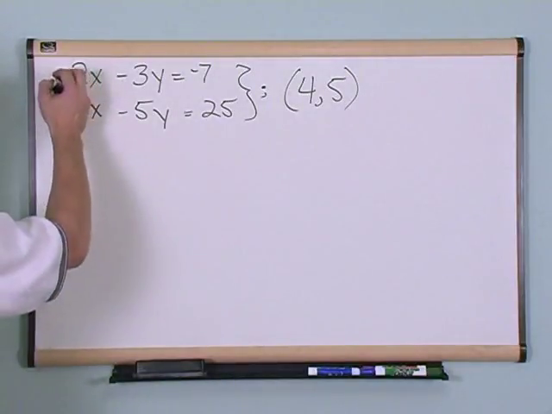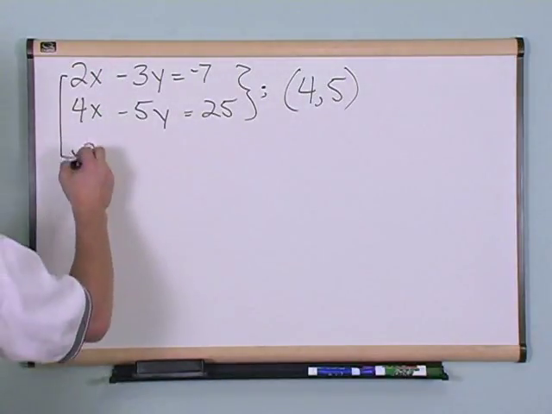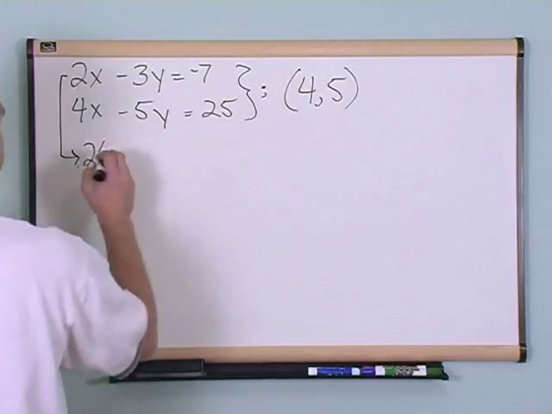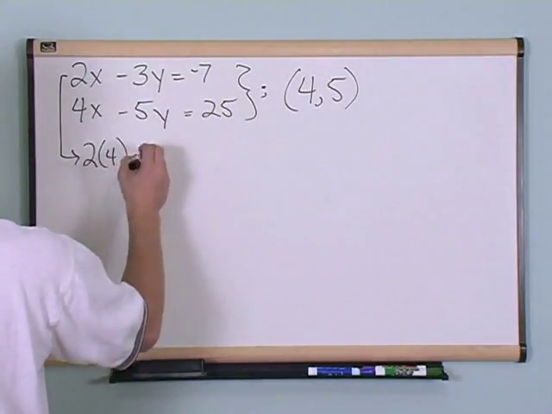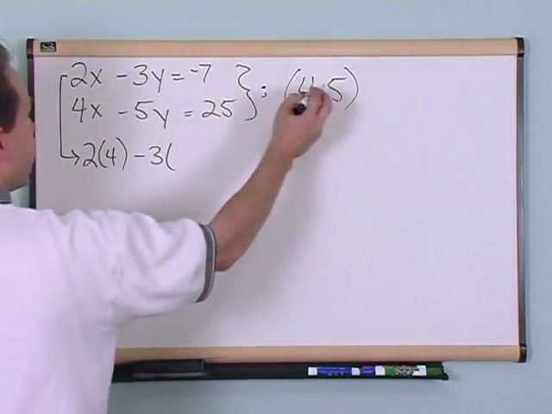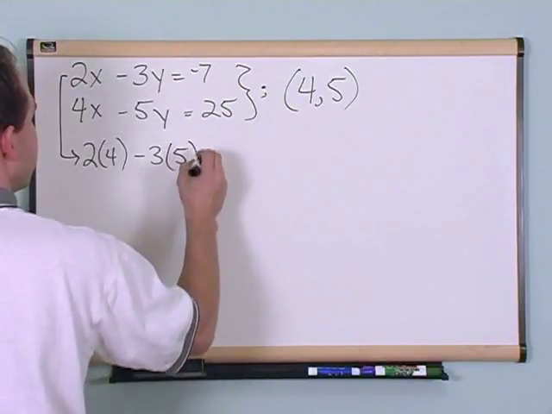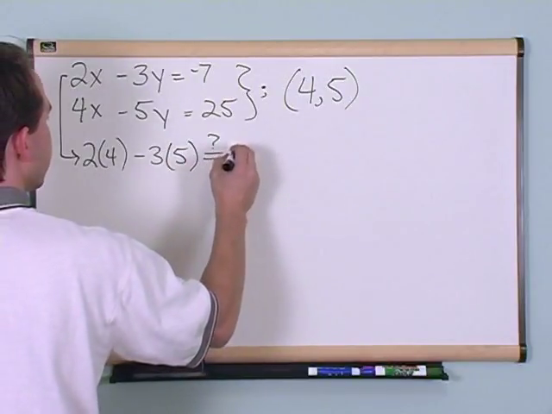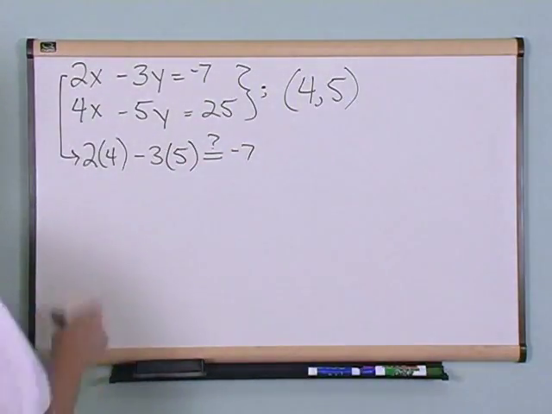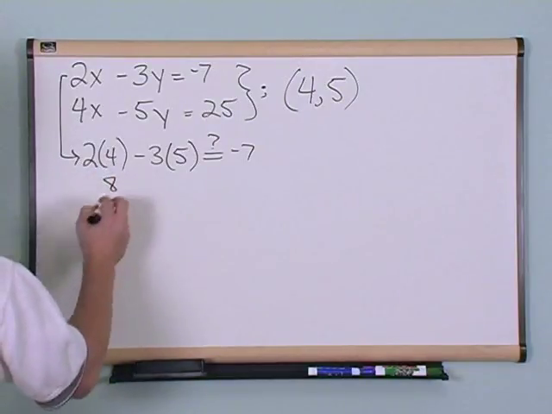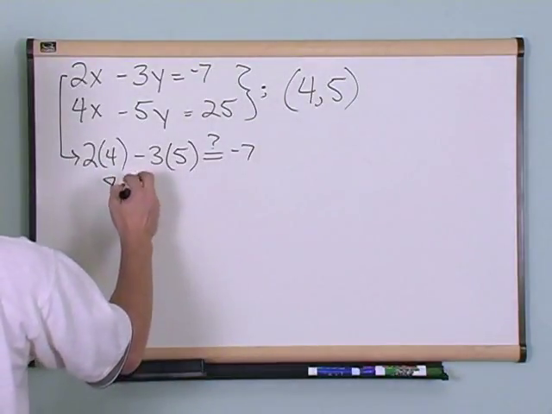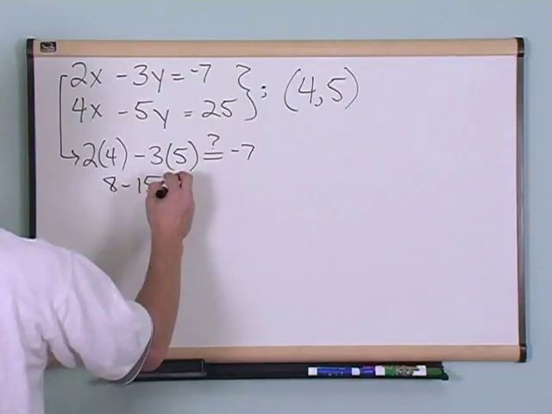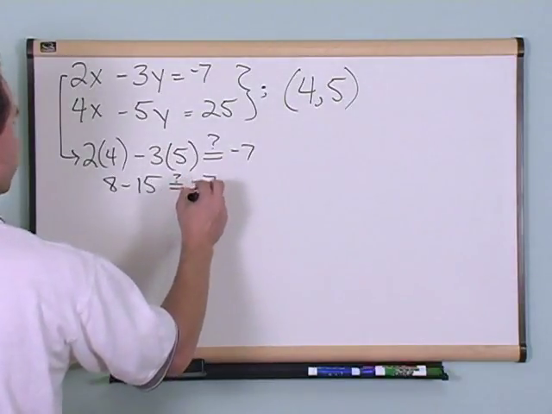So let's put it into this first equation. 2 times x, x is 4, minus 3 times y, y is 5, equals question mark negative 7. 2 times 4 is 8, minus 3 times 5 is 15, equals question mark negative 7.